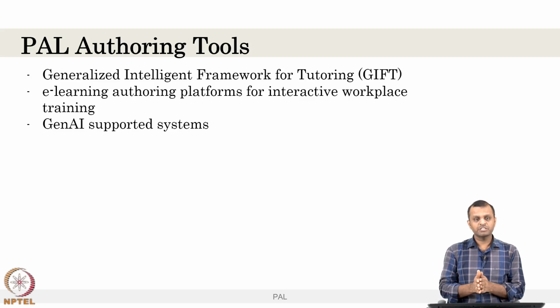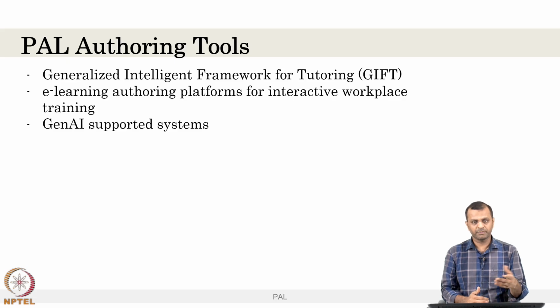Also, I can have questions at different difficulty levels: low, medium, and high. Based on those difficulty levels, I can adjust and change the content. That's called the Generalized Intelligent Framework for Tutoring. We will talk about it in this video, and the demo of GIFT will happen in the next video.